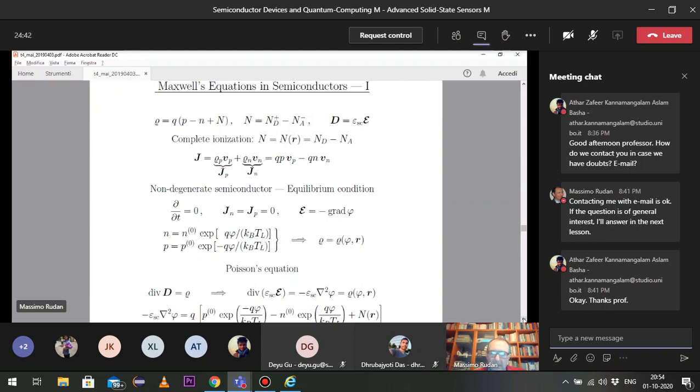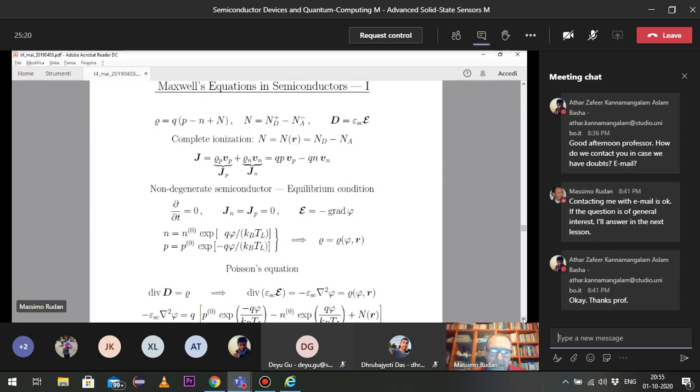However, it is not the dielectric constant of vacuum, and this is for the following reason: if you look at the expression of the charge density, you see that we are using the concentrations. So we are using p, n and capital N, not the sum of the individual charges of the holes, electrons, and ionized dopants.